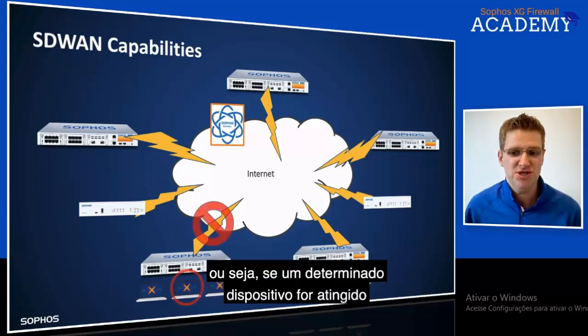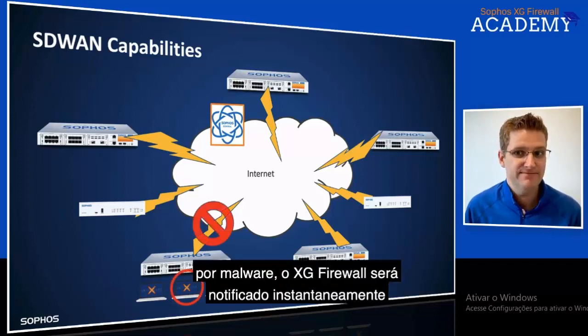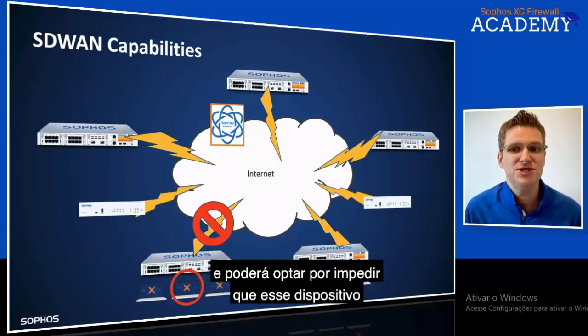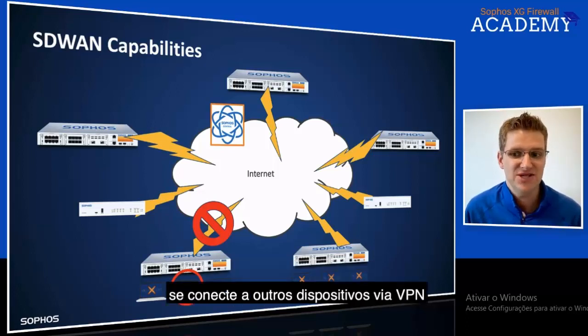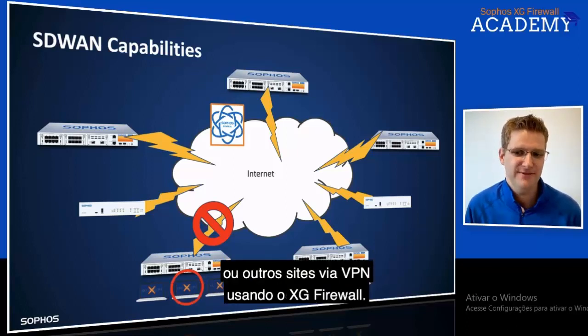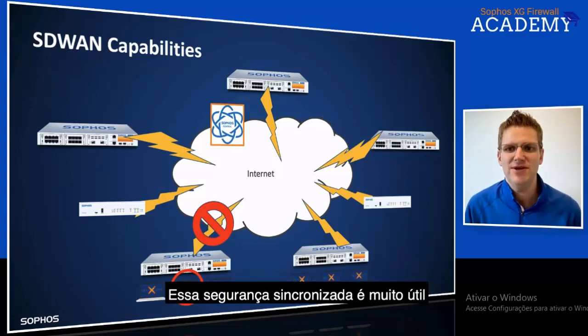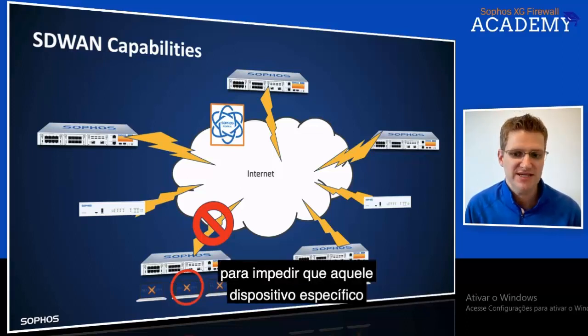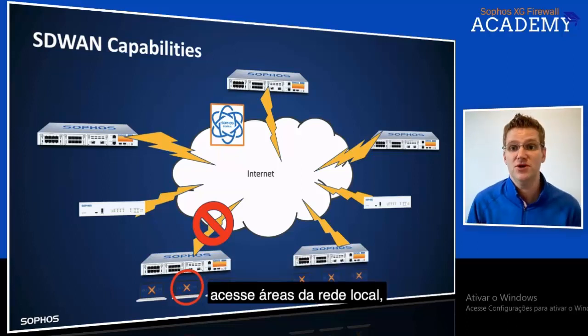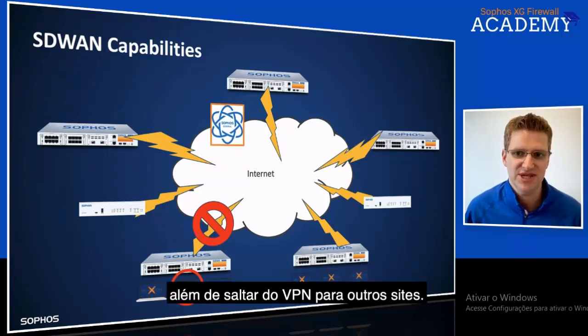And that means that should a certain device get hit by malware, the XG Firewall is instantly notified and may choose to prevent that device from connecting to other devices or other sites via the VPN using the XG Firewall. So that synchronized security is very useful to obviously restrict that particular device accessing areas of the local network, but also hopping over the VPN to other sites as well.